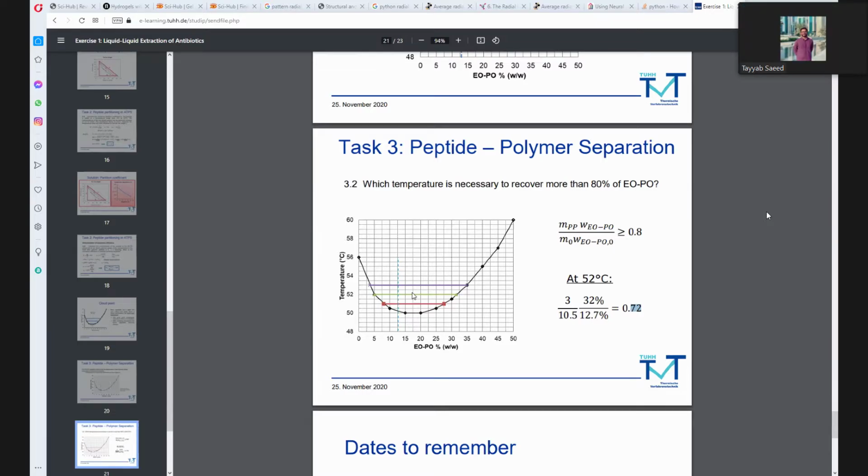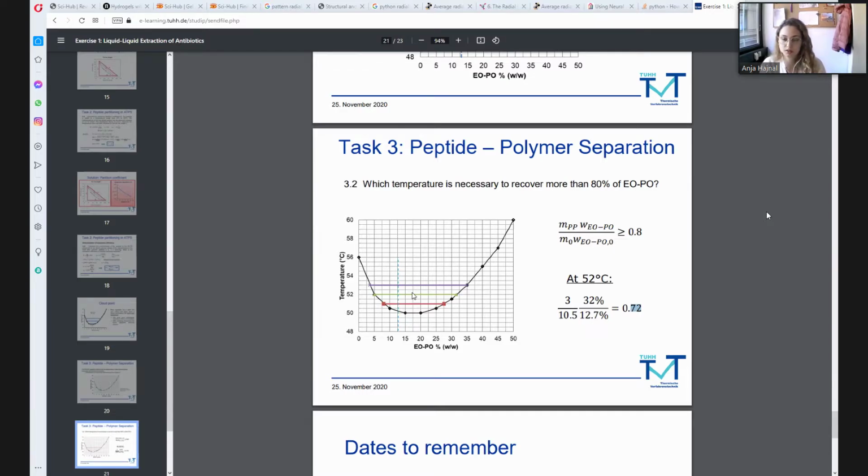So this type of question will not come up. We can ask differently. For example, what is the recovery of EOPO at the temperature of 52 degrees? But then you need to know how to do this. We will not give you this in an iterative manner, because you would need to calculate the same things many times to get to the right temperature, as you saw.